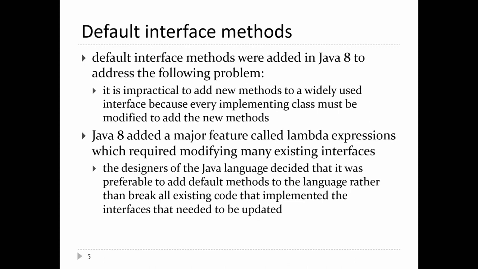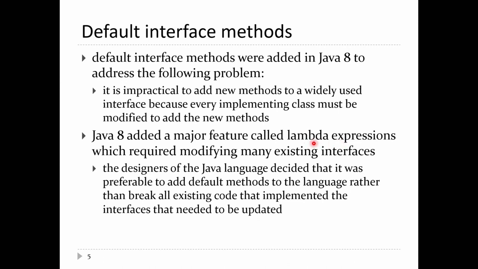So if you can't change an interface once you've released it to the public, and you realize that you need to add methods to the interface, the language designers had to put in a mechanism to do so, and that was the default methods. Java 8 also added another major feature to the language called lambda expressions. We don't talk about those in this course, but they are a significant addition to the language.